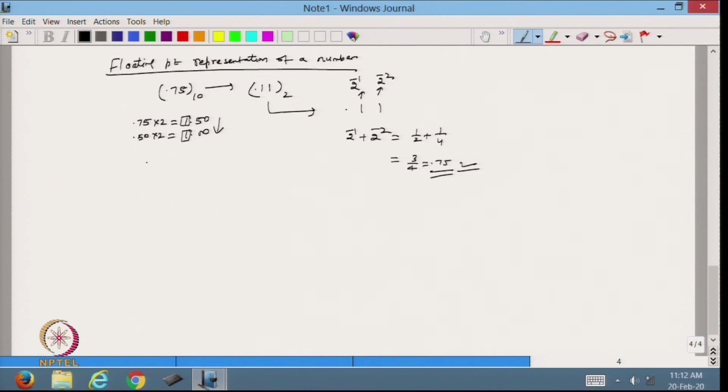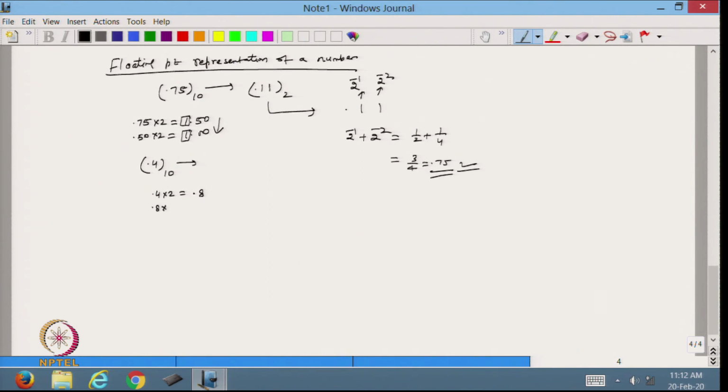Maybe I have another number, 0.4, given to me in decimal form. Now I want to convert this into binary form. So what I will do is write 0.4 into 2. That gives me 0.8.